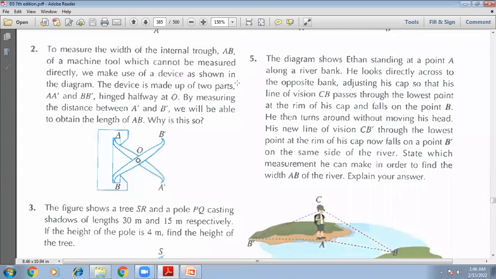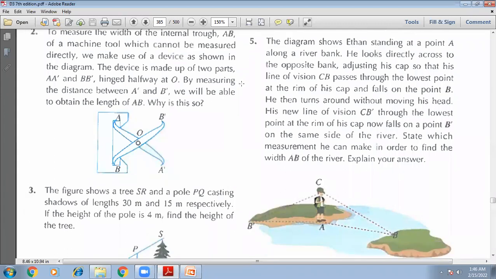Okay, so here we go. The next question, question number 5, is showing up on your screen. He says the diagram shows Ethan standing at a point A along a river bank. He looks directly across the opposite bank, adjusting his cap so that his line of vision, CB, passes through the lowest point at the rim of his cap and falls on the point B. He then turns around without moving his head.